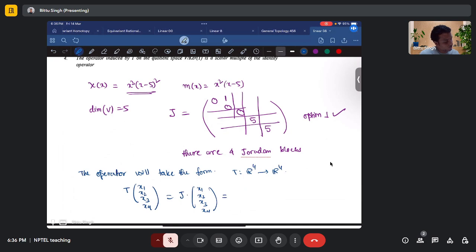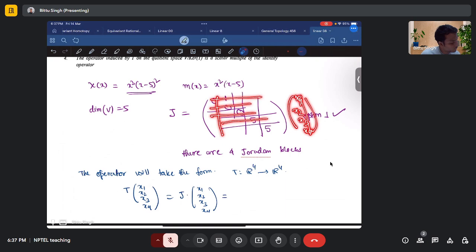From here we can see if we just multiply this with x1, x2, x3, x4, then the first entry will be 0 times x1. The top entry will contain x2, then 0 times x2 gives 0, and 5 times gives 5x3 and 5x4.